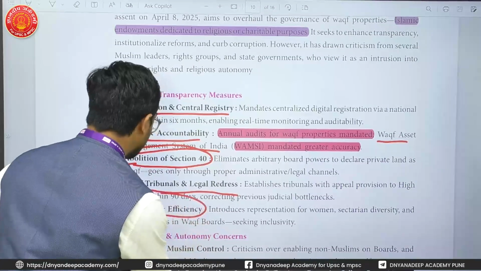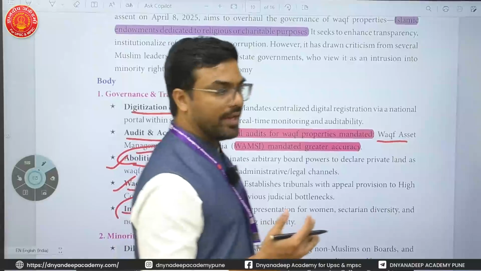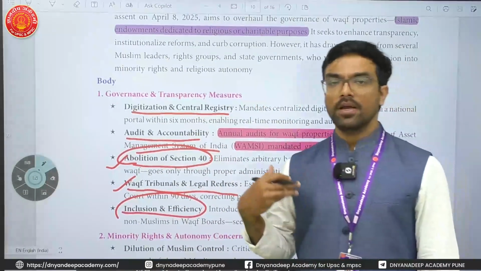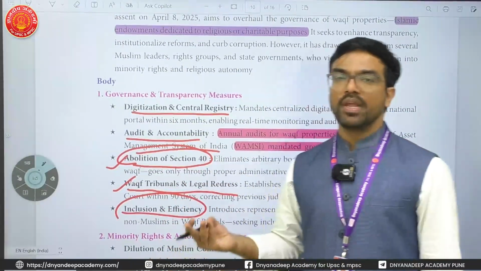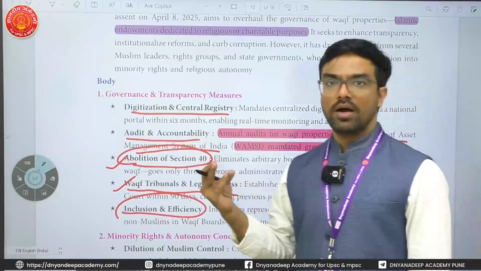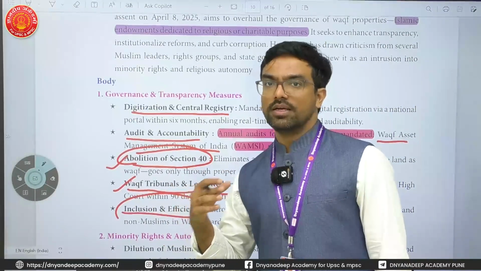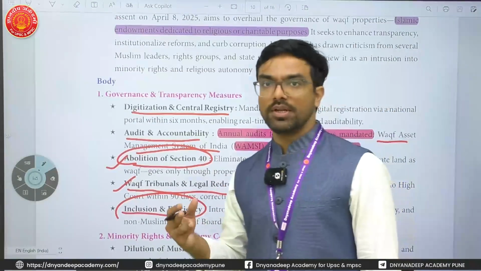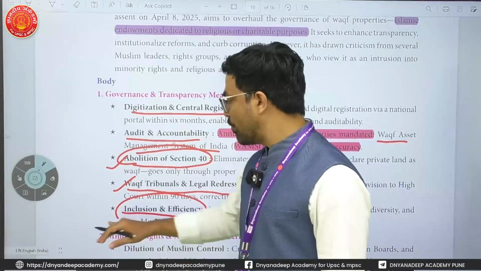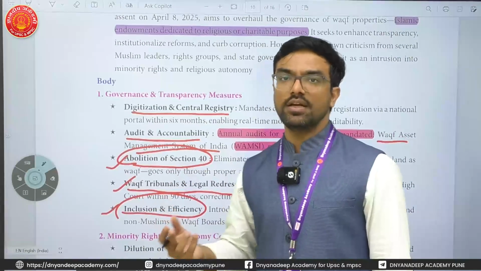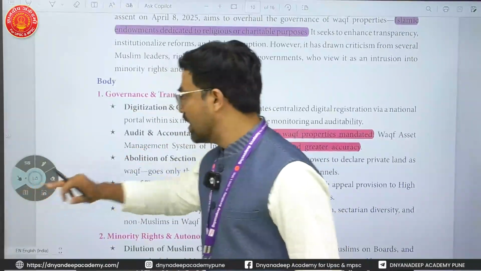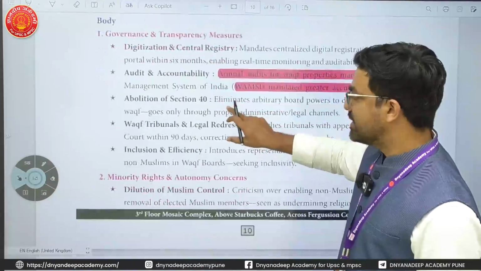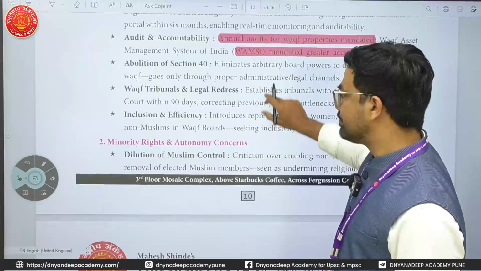Also, it ensures inclusion and efficiency. It has provided inclusion of women in the Waqf board. It has provided inclusion of other sects; previously there were some sects in the Islamic community. So this act provides inclusion of different sects in the Waqf boards, right? So it addresses inclusion and efficiency.